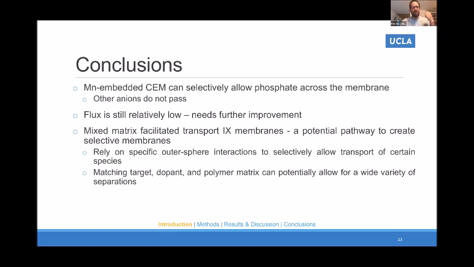They rely on specific outer sphere interactions to selectively allow the transport of specific species. And I guess the trick would be you have to match your target, your dopant, and the polymer matrix in order to allow for a wide variety of separations. But there's a lot of degrees of freedom there. So for researchers like us, that's interesting, right? We have a lot of knobs that we can twist and try to make something new.